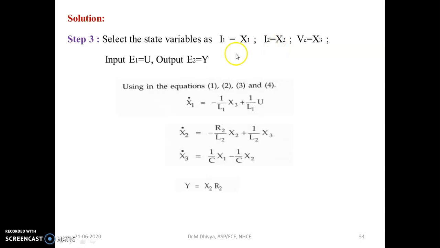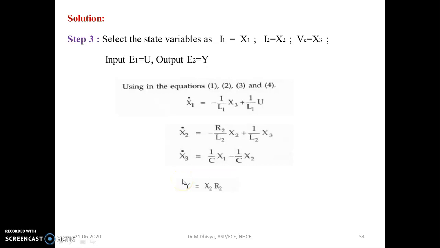Using the notations in equations 1, 2, 3 and 4, we get x1 dot, x2 dot, x3 dot and the output equation.